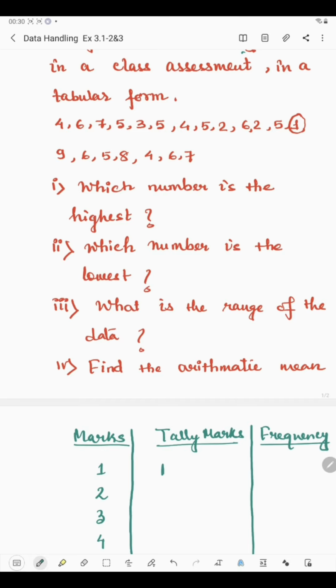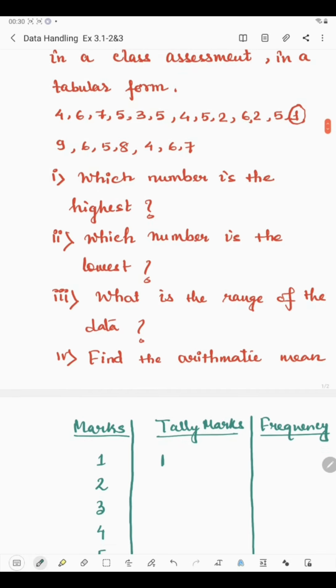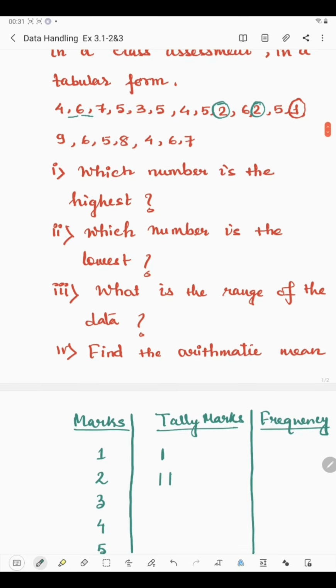We have only 1, right? So 2, where is 2 now? From here if you check, here is 2, so we will write 1, then here is 2, so we will write one more 1. Means we will have to draw the stick here. Okay, so 2 we have got 2 times, so only 2 sticks.